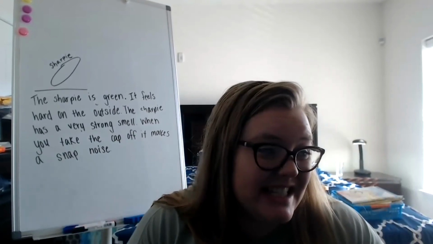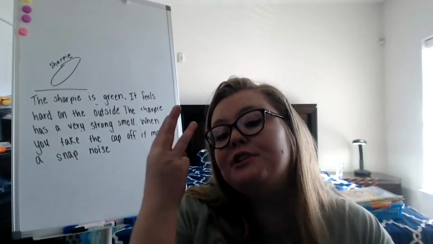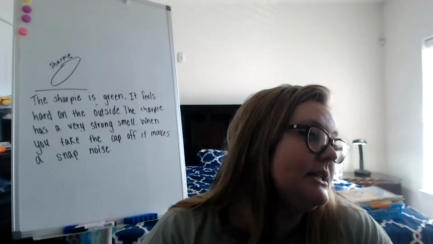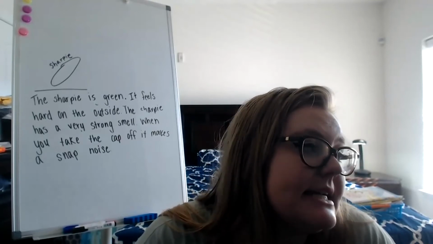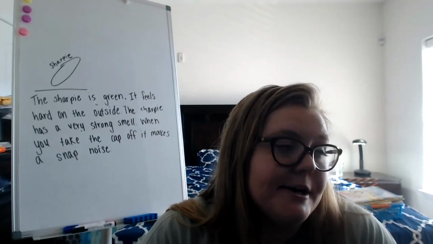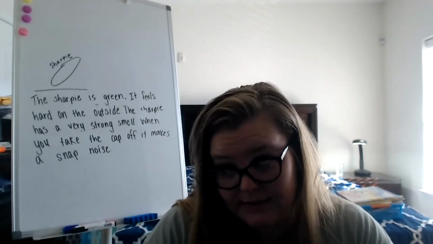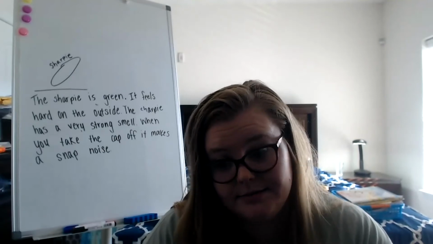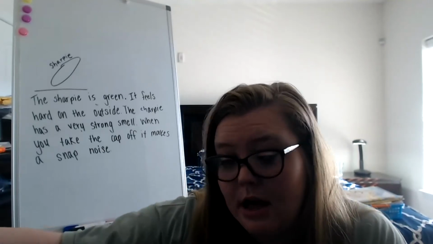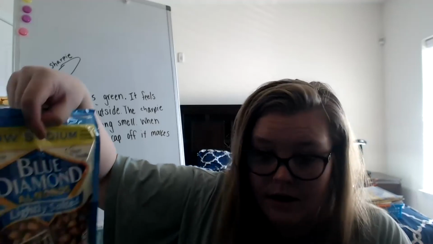So see, there's lots of things that you could say just about one thing, but you should have 3 things. And then you need to describe what it looks like, feels like, smells like, sounds like. And like I said, only if it's food, tastes like. So for example, I happen to have these next to my computer.